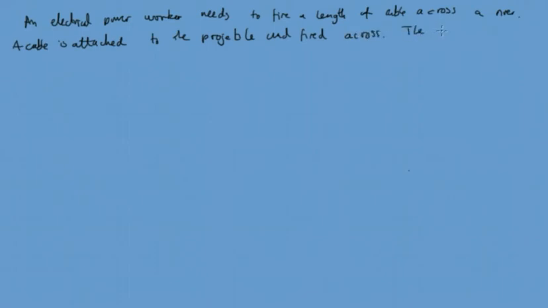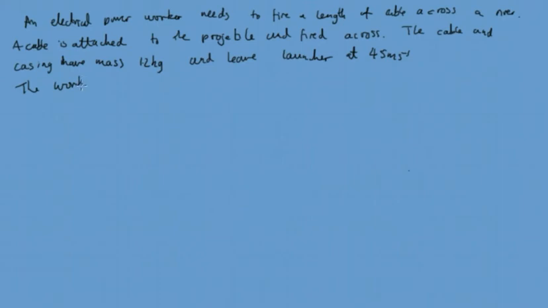The cable and casing have mass 1.2 kilograms, and they leave a launcher at 45 meters per second.